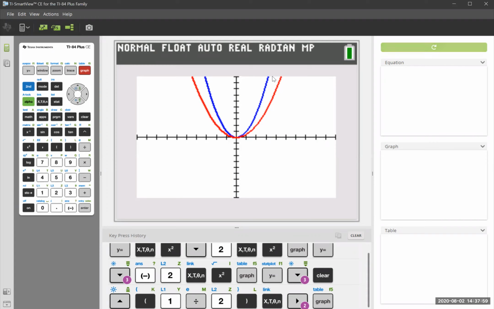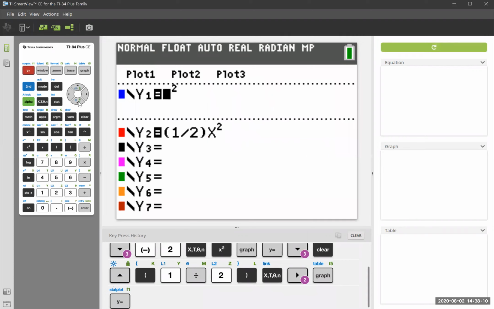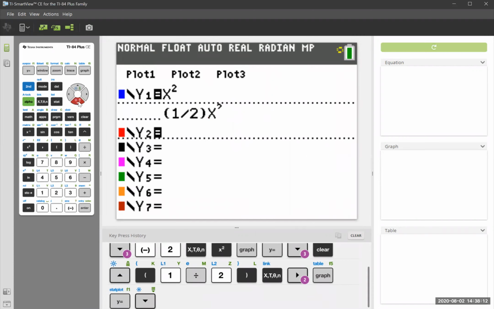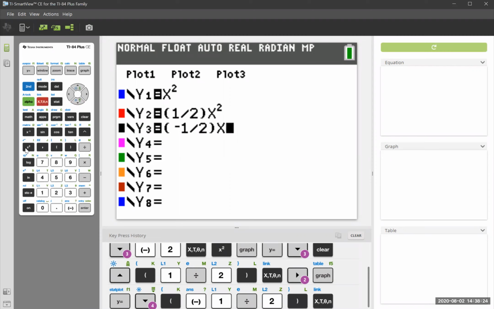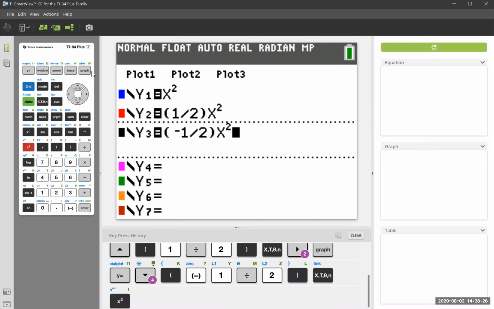So the last part, as before, what happens if I make that positive 1/2 a negative instead? Let's go into our y equals screen. Let's arrow down to line 3. And let's type in a negative 1/2. Close that out and multiply that by an x squared. So when we hit graph again, we will see all 3.